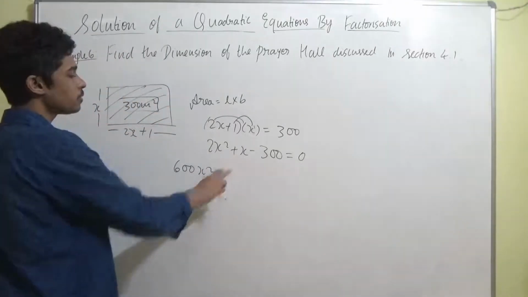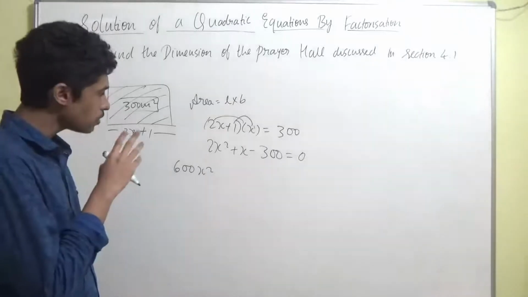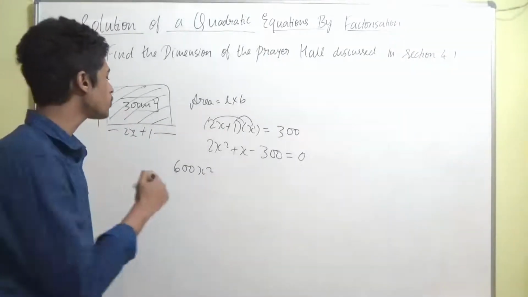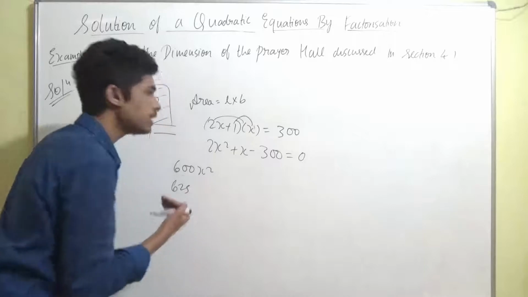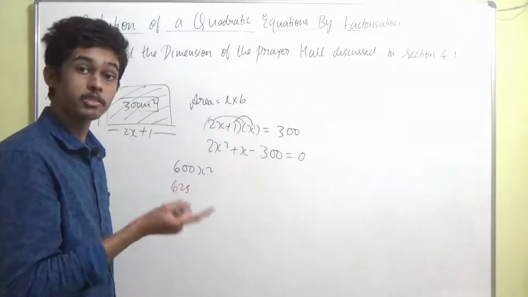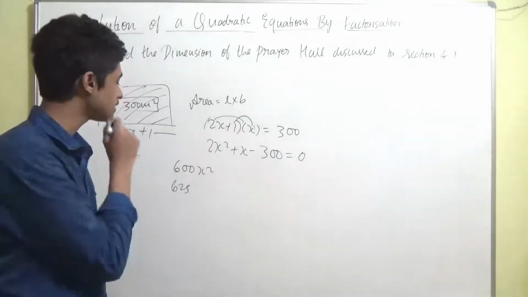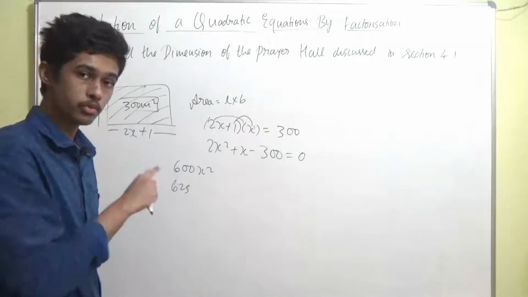So we want to split x in such a way that we get 600x square. We know that 25 into 25 is 625, and we want a little less than that, which means 25 into 24. Yes, 25 into 24 is 600.